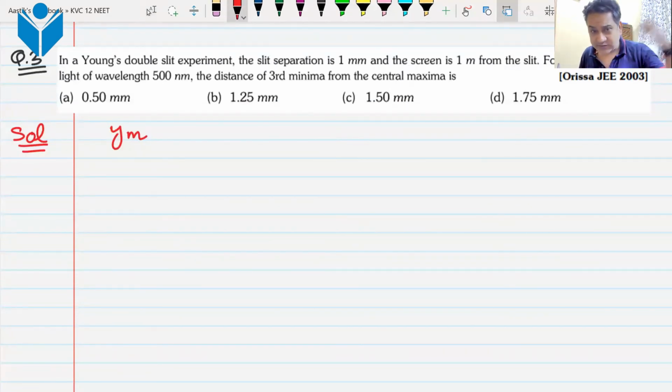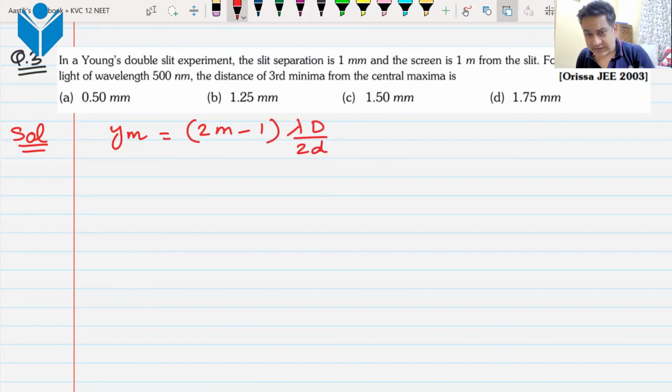Now we have to find the distance of the third minima from the central maxima. So the formula is, remember, you don't have to write this formula in the examination hall. I'm just writing it so that you understand. I put the value of m as 3.